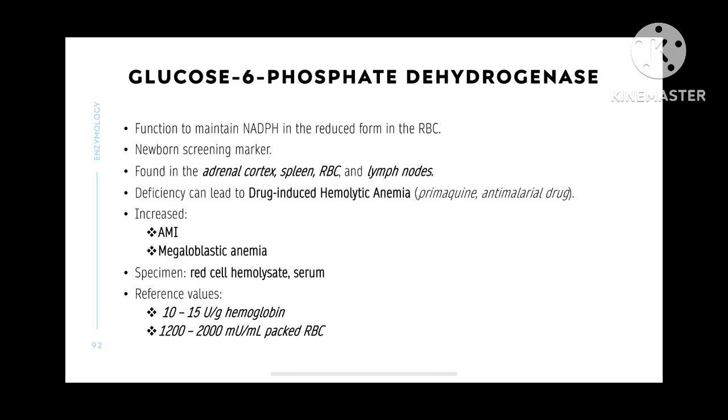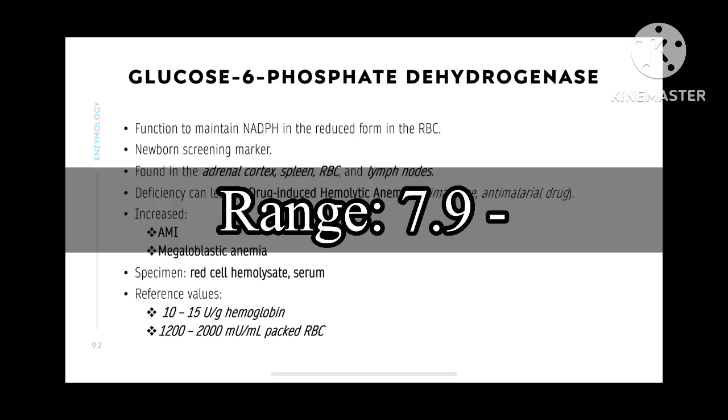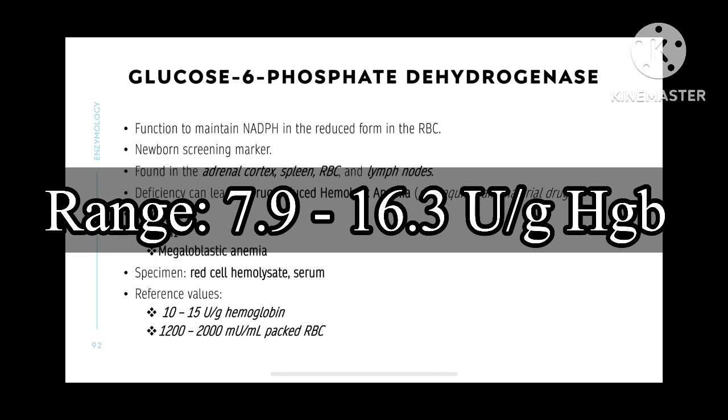Serum is used for evaluation of enzyme elevations. The reference range for G6PD is 7.9 to 16.3 units per gram of hemoglobin, or in SI units, that's 0.1 to 0.3 microkatal per gram of hemoglobin.